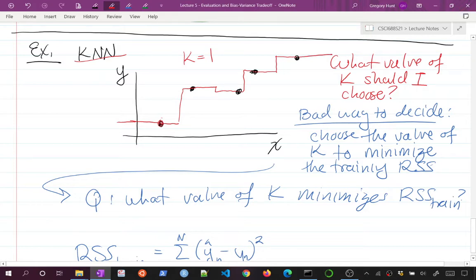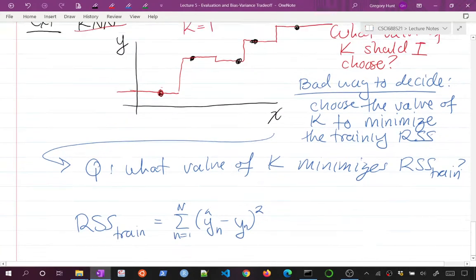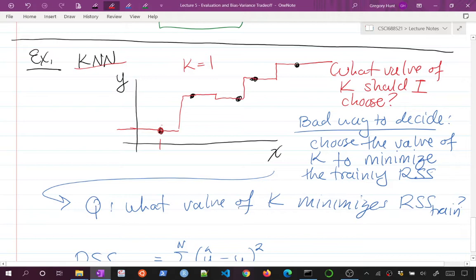So it's going to do some kind of weird interpolation of my data. What's the training RSS, right?